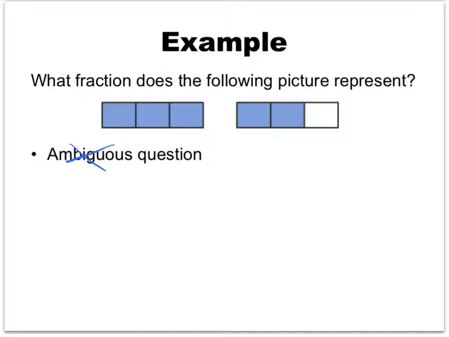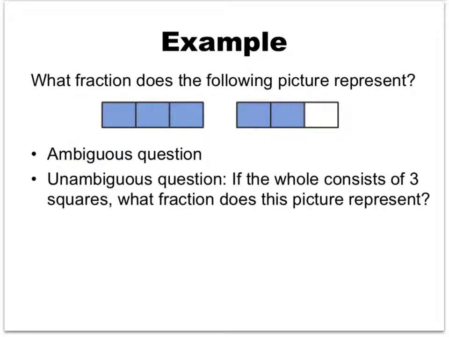And so in order to rewrite this question, so that it's not ambiguous, we would need to define what the whole is. So here's one way we could say it. If the whole consists of 3 squares, meaning 3 little squares like this, what fraction does this picture represent?